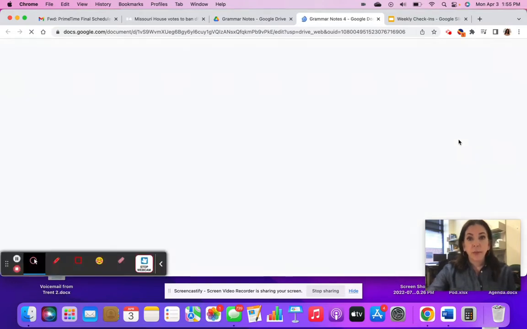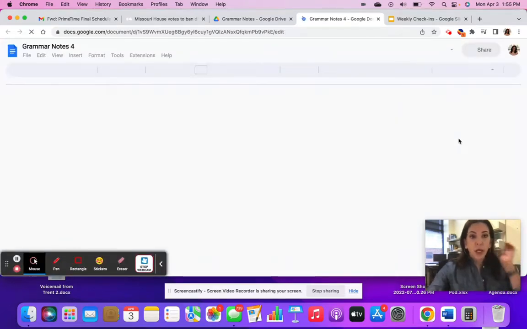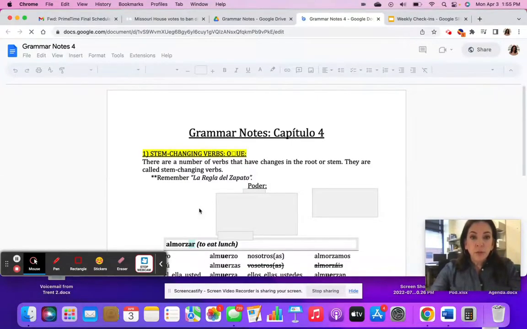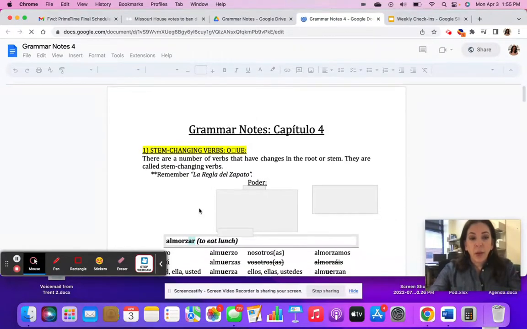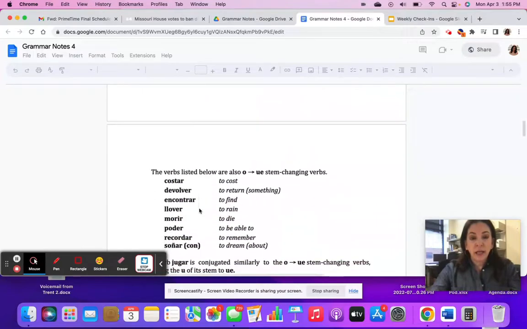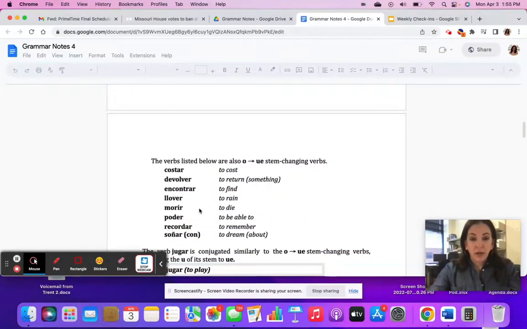So this is the capítulo cuatro grammar note, and you'll see that we have the O to UE stem changing verbs at the top, and then we get down to the E to IE and E to I verbs.